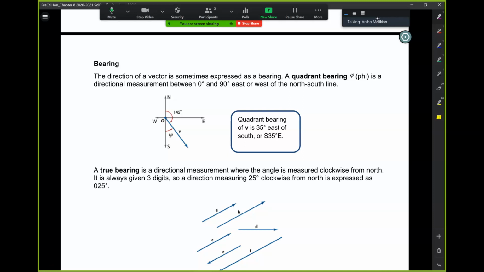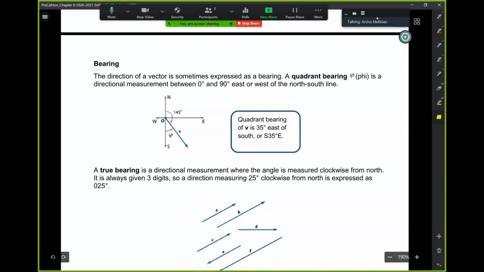They have their own way of measuring things, and they call the direction the bearing. They use north, south, east, west, but the way they do it is a little different. I'm just giving you this for your information.